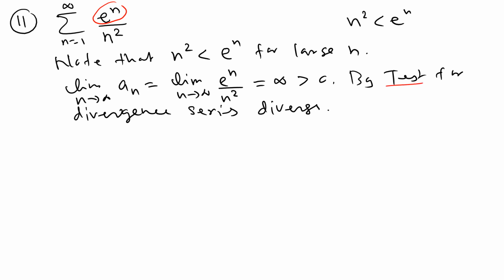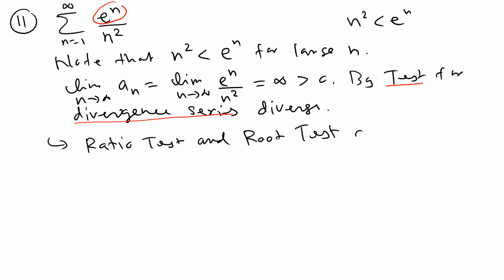Here we used the test for divergence, but you can see that the ratio test and the root test also apply. That's also a lot of work, but the test for divergence is the quickest.